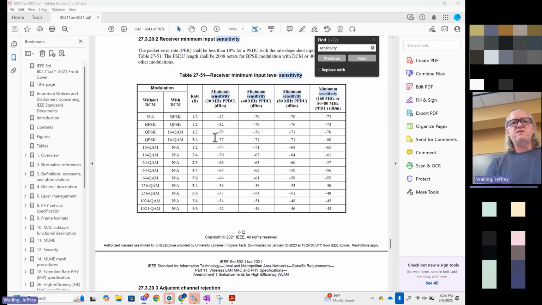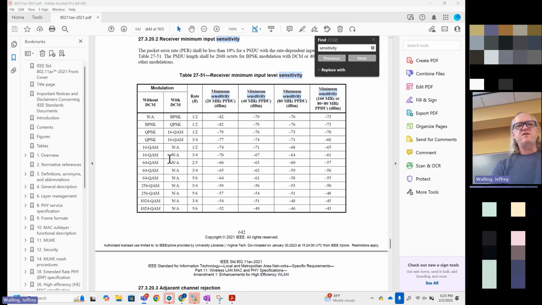All right, so what you see is that the standard itself has some different modulation schemes. Here you can go from BPSK, 1 bit per symbol, QPSK, 2 bits per symbol, 16 QAM, 4 bits per symbol, 64 QAM, 6 bits per symbol, 256 QAM, 8 bits per symbol, 1K QAM, 10 bits per symbol.